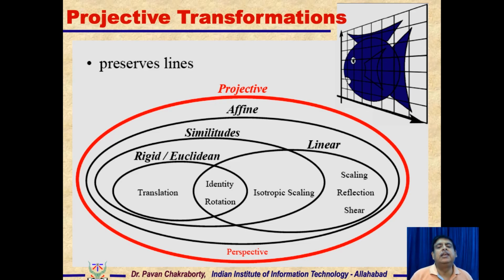At each level, as I move to higher and higher levels and to the final level, that is the perspective projection, only the lines are preserved while the other preservation relations are slowly removed from these sets as you generalize to the final set, which is the perspective projections.